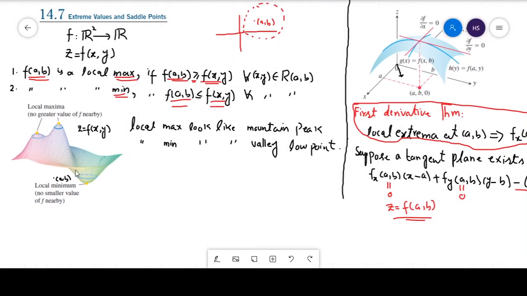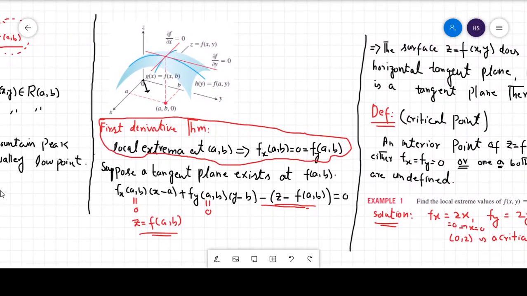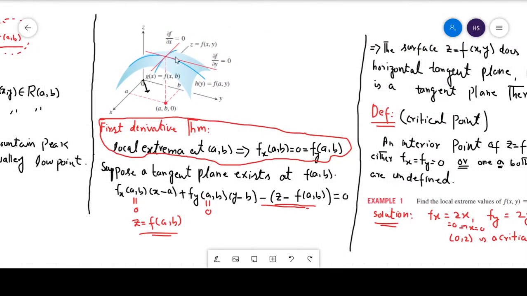If you zoom in on one of these parts, either a local max or local min, and get a figure like this, you see that the slopes of these two lines are zero. These two red lines are horizontal, so their slopes are zero.